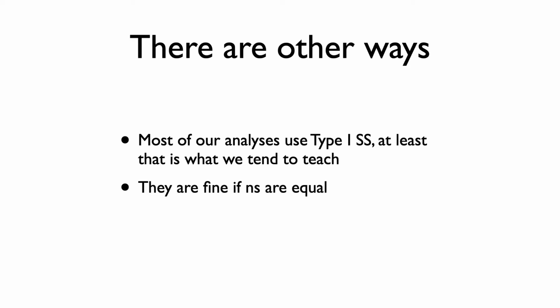The point is, this can be an issue. The nice thing is, I've taught you with type 1 sums of squares because that's intuitively correct. And it still is correct if the number of ends are equal. Our software doesn't use type 1 sums of squares. So when they're unequal, they're bad. If they're almost equal, as I said, they're probably going to be close to correct.